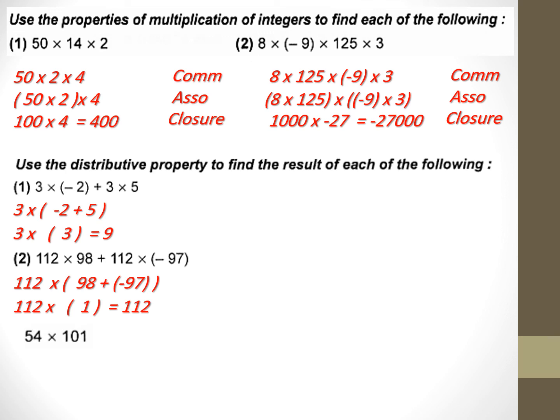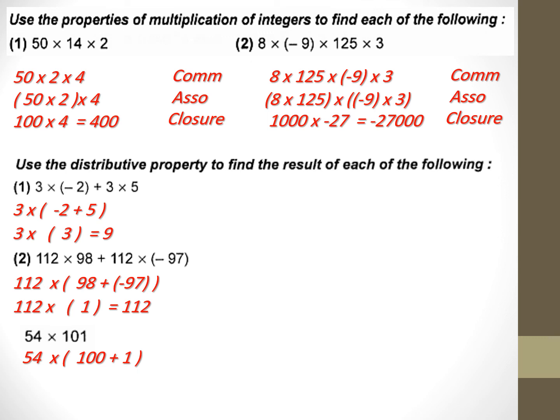Finally, 54 times 101. Now we will analyze 101 into two numbers, 100 plus 1. By the simplest form, 100 plus 1. So it will be 54 times 100 plus 1.